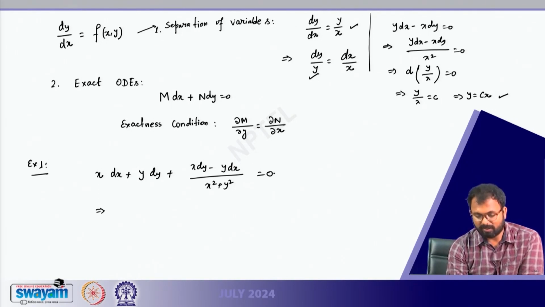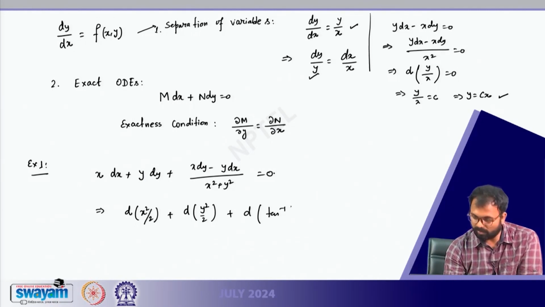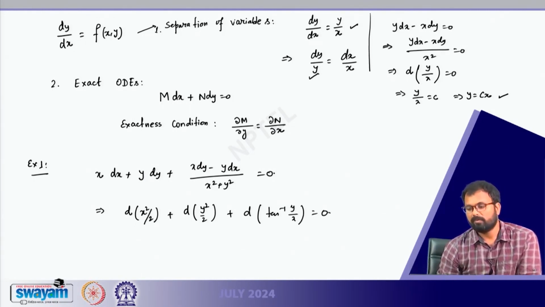So, here this will become d of xy, d of x square by 2 plus d of y square by 2 plus d of tan inverse y by x equals to 0, right.